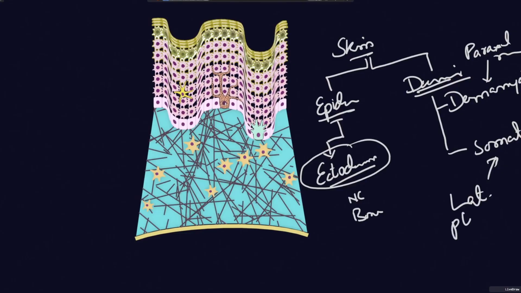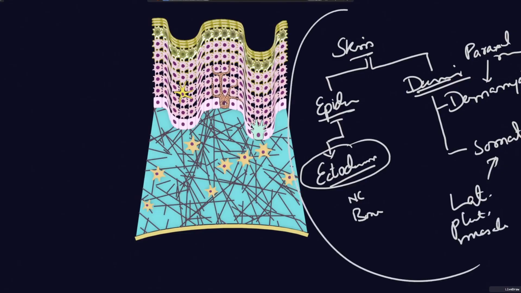Lateral plate mesoderm. So this is the most important crux of this lecture. If you want to forget everything, at least remember this thing about the development of skin. This is the crux or executive summary of this lecture.